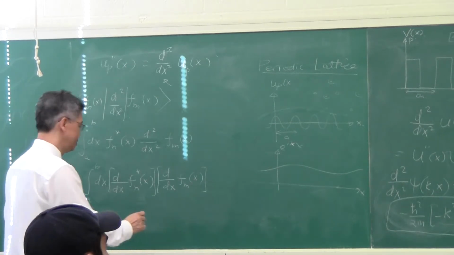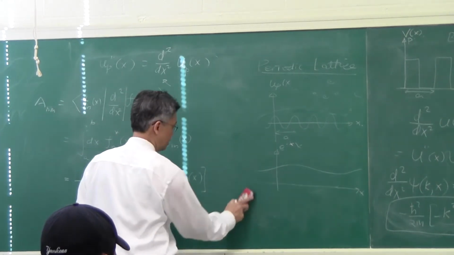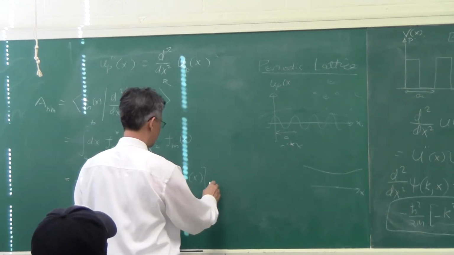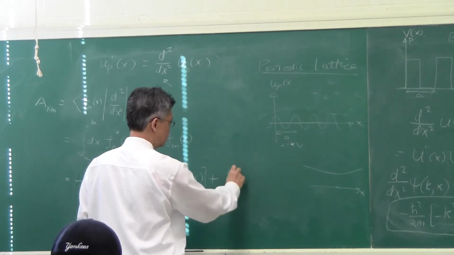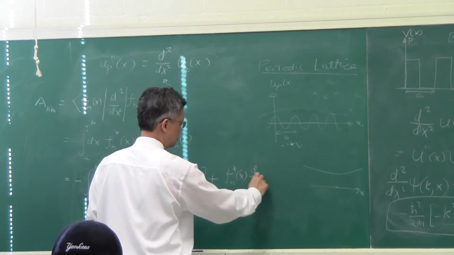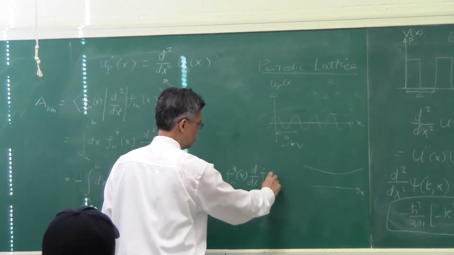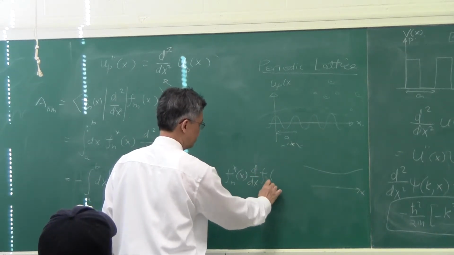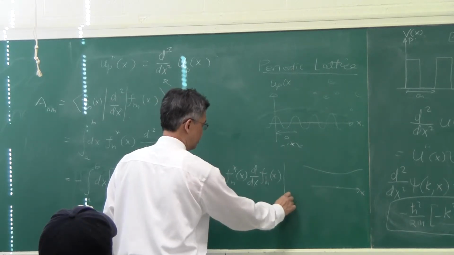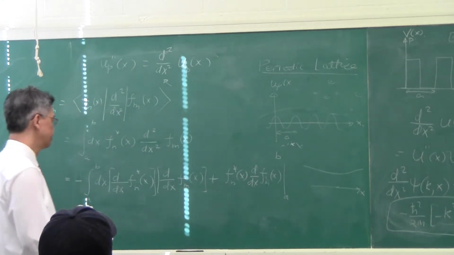And then there should be another term that accounts for the fact that we have integrated once: f_m(x), evaluated between a and b.